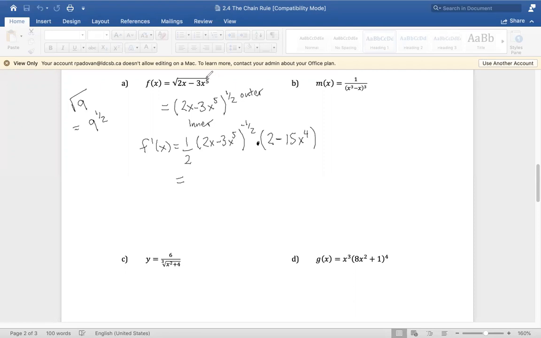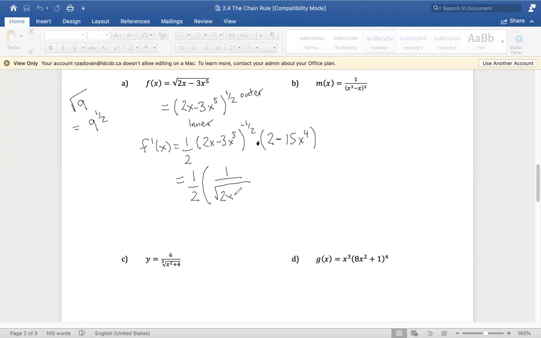So just make sure that you're answering by changing it back to the original question and putting it back into its original form. So here we have the half, we'll copy down the half, but we know if we have a -1/2, if it was a +1/2, I could just put a square root around it, right? A radical sign. But because it's negative, I have to put 1 over that. So let's put brackets here in order to change it to positive, right?